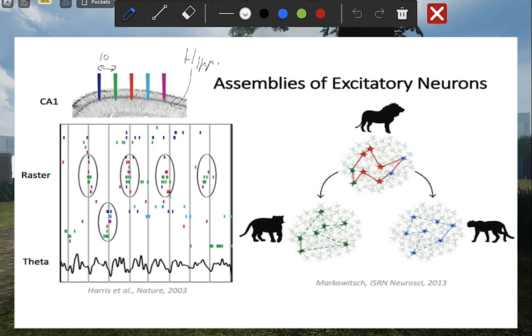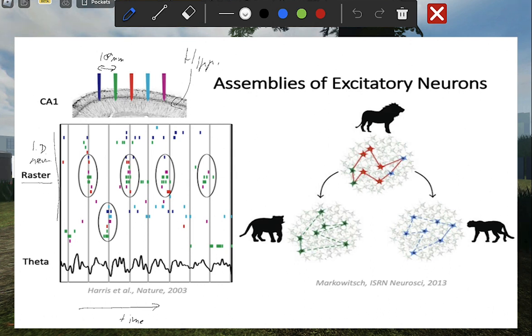Oops, I'm not very good at writing with my mouse. I apologize. And then in the picture below, this raster plot, a raster plot is just like we've got time on this axis, and then on this axis here we've got different identities of neurons.